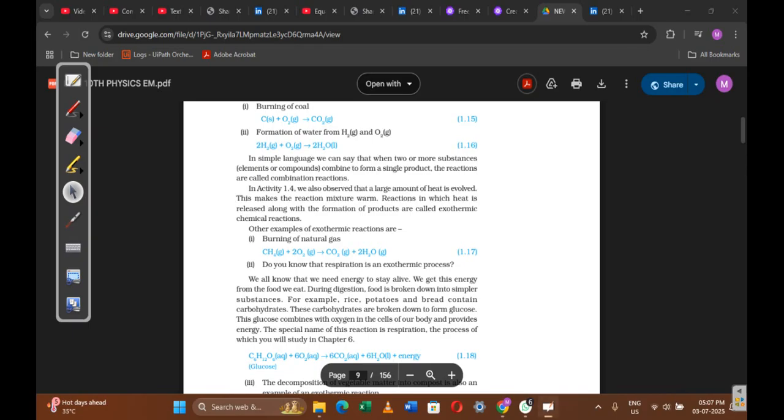Next question is: respiration is an exothermic reaction. We discussed this question clearly in the oxidation of magnesium ribbon, in activity 1.1. Is respiration an exothermic reaction or not? So in respiration, is heat energy released or not?